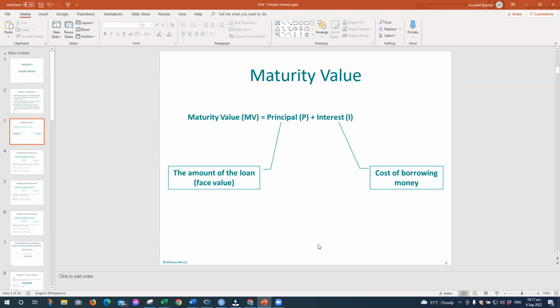Whether you're borrowing or investing, the amount will carry with it a certain interest. And when we add the principal to the interest, we have what we call the maturity value. So this is a straightforward formula.